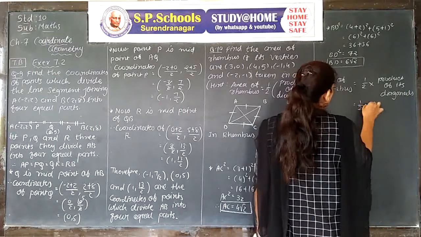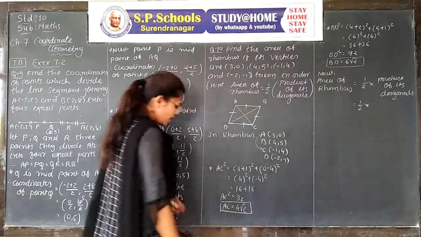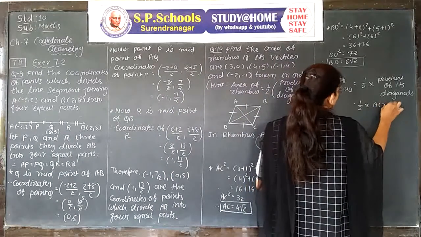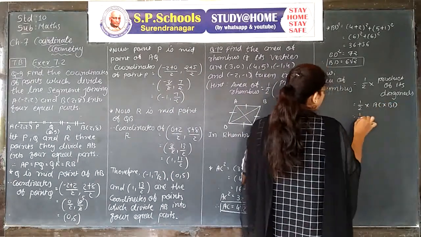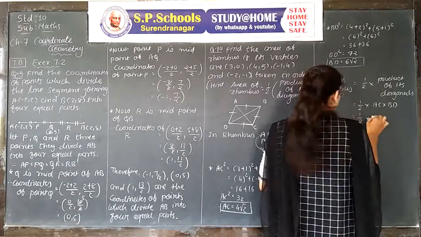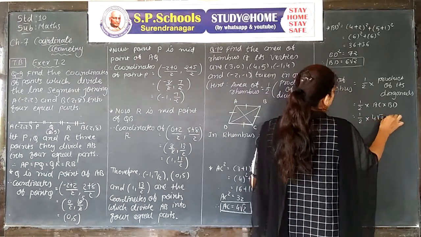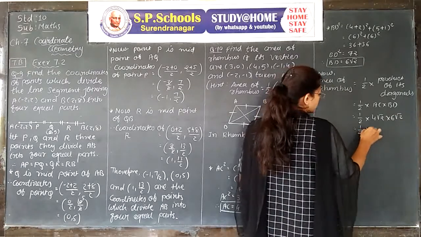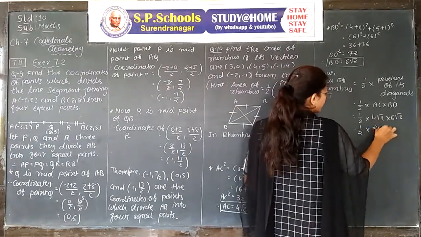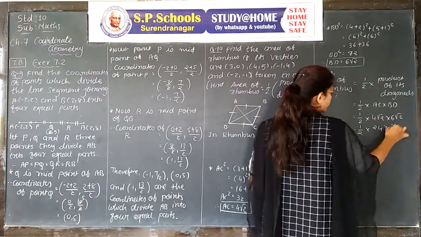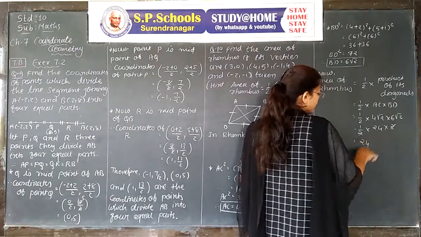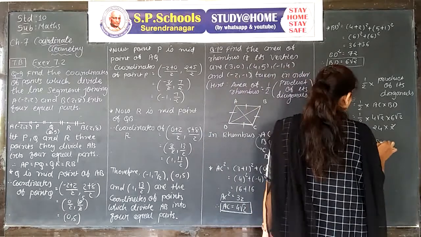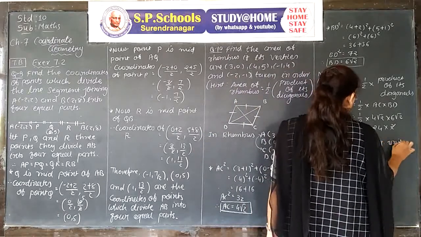One diagonal is AC and the second diagonal is BD. 1 upon 2 AC into BD, where AC is equal to 4 root 2 and BD is equal to 6 root 2. 1 upon 2 as it is, 6 fours are 24, root 2 into root 2 is 2. 2 cancels and we get 24. We know the unit for area is square unit.